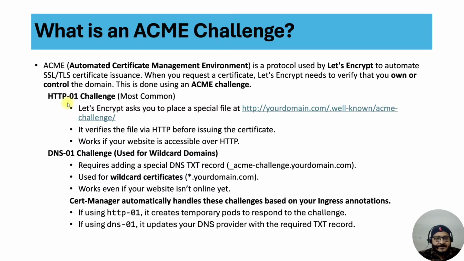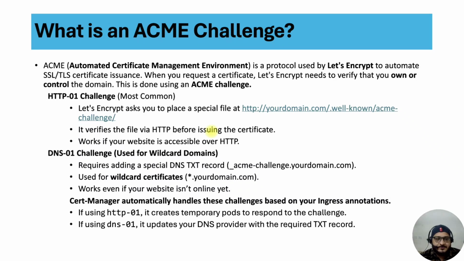The very first challenge is the HTTP-01 challenge, which is mostly used. Let's Encrypt asks you to place a special file at a particular location, and it verifies the file via HTTP before issuing the certificate. It works if your website is accessible over HTTP. In the backend, if you are using the HTTP-01 challenge, it creates a temporary pod to respond to the challenge.